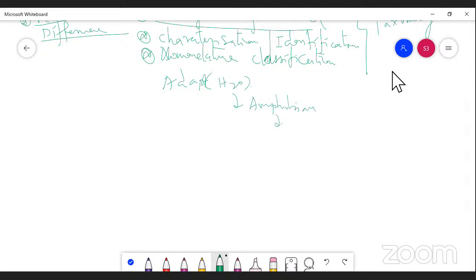From the amphibian develop the reptiles. From the reptiles originate the avians. From the avians develop the mammals. From the mammals develops the human population. So this is the evolution relationship. That evolution relationship we should understand.